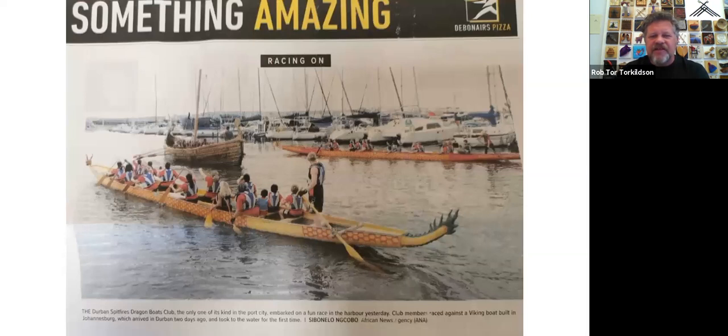We were invited to be in a dragon boat race. So we did that, and it was a lot of fun. We pretended like we were Vikings raiding these Chinese ships or whatever, and just met a lot of good people and had a lot of fun.